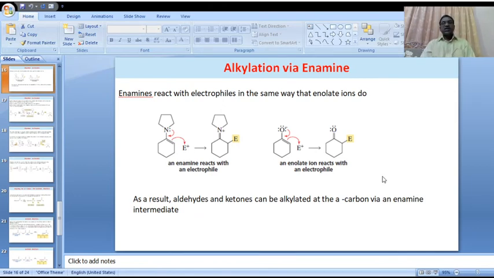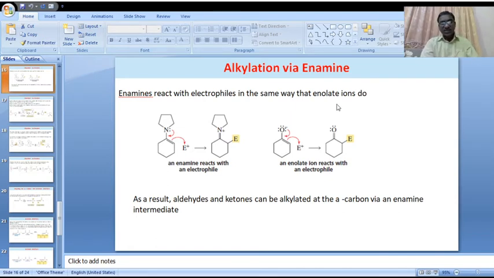Next, enamines react with electrophiles in the same way that enolate ions do. The enolate ion intermediate is also the same. Here, the enamine reacts with the electrophile in the same way as an enolate ion. In the last slide, we discussed that in the first step there is enolate ion formation.